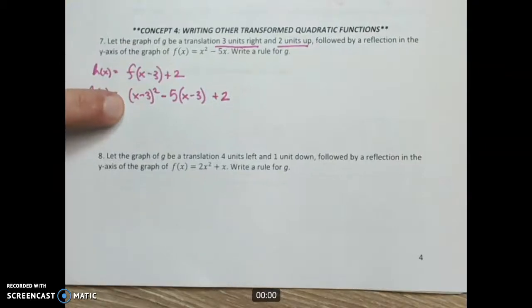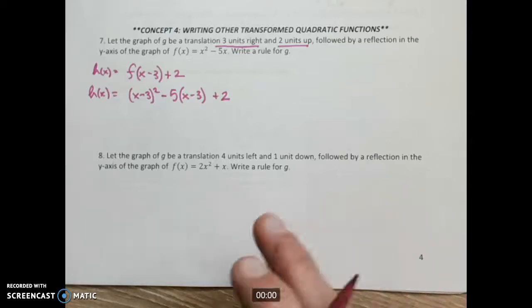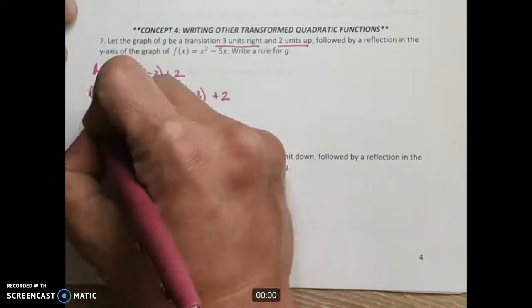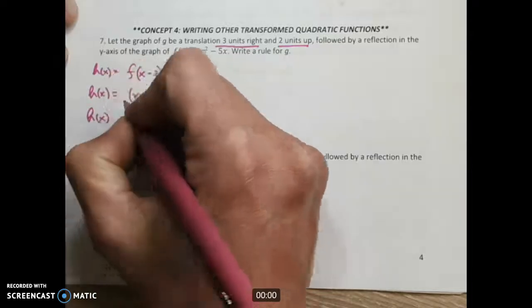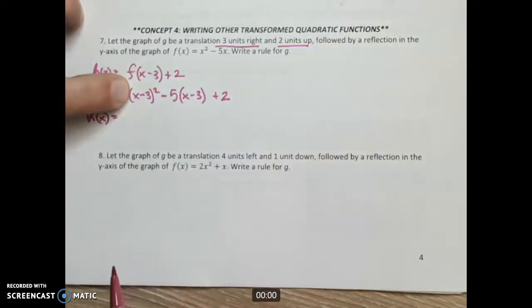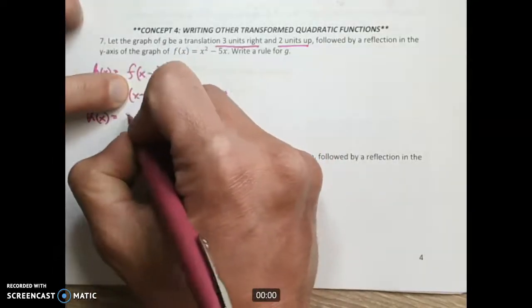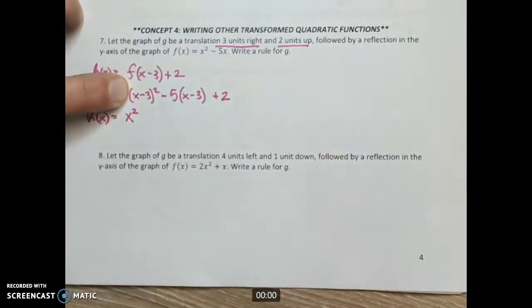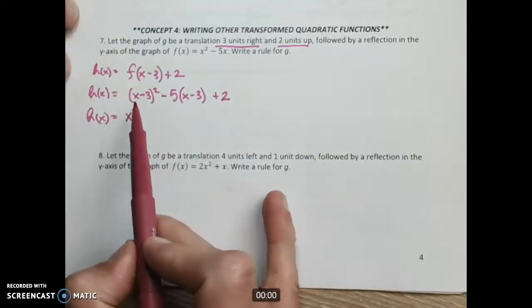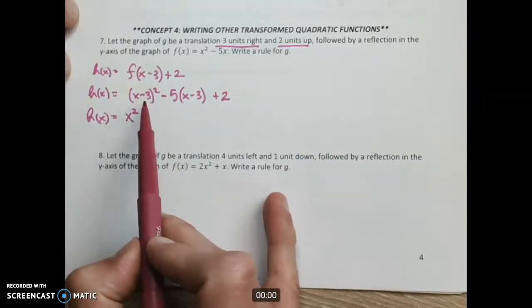Alright, and we're going to do this a lot, binomial squared, and it definitely would be easier if I could show you in person, but there is a shortcut. What you do for this shortcut is you take that first term, x, and you square it. X times x is x squared. You take my two terms here, which is x and negative 3.